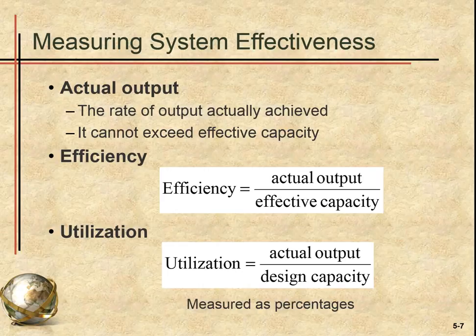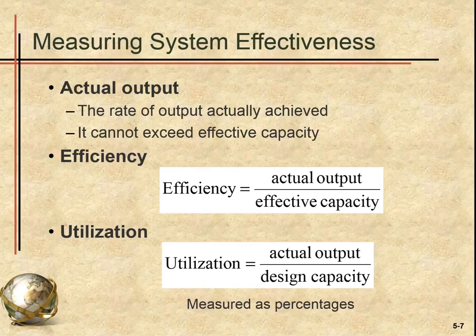Now, how do you measure the effectiveness of the system to make sure that you are getting the capacity that you want to get? You take the actual output, which is what you were actually able to get. If the machine was designed to do 1,000 and you got 900, the 900 is the actual amount of units you were able to produce. Now, actual output can never exceed effective capacity. And stop for a moment and think why.